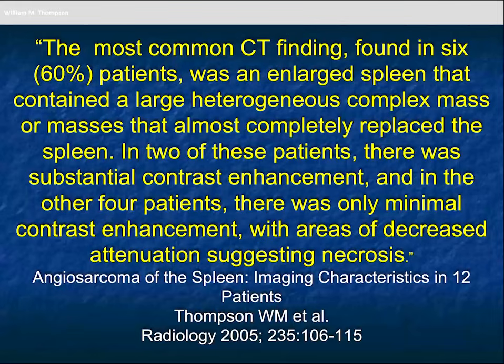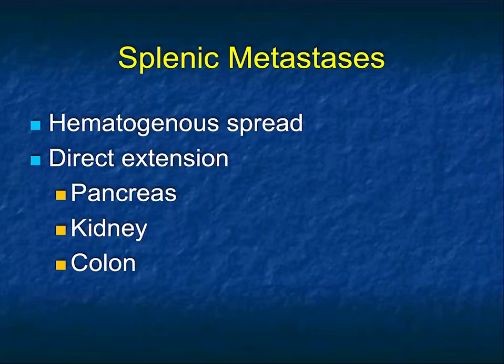Most common finding was an enlarged spleen with heterogeneous complex mass or masses that almost completely replaced the spleen. And again, these lesions were typically vascular. So multiple vascular lesions or just extensive vascular infiltration of the spleen, you've got to think about angiosarcoma.